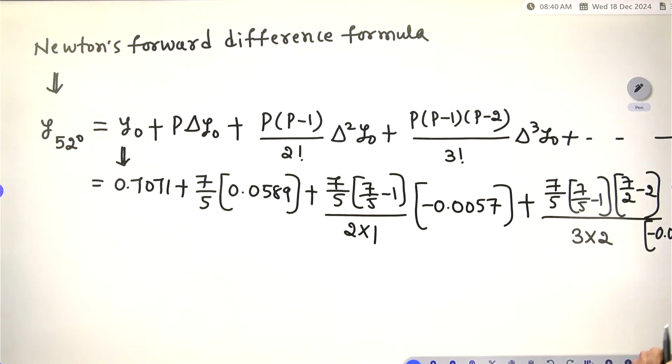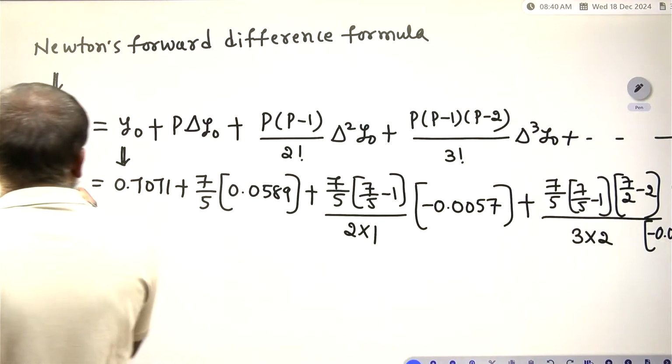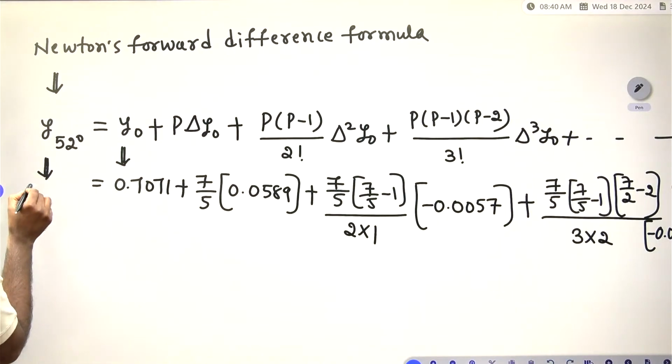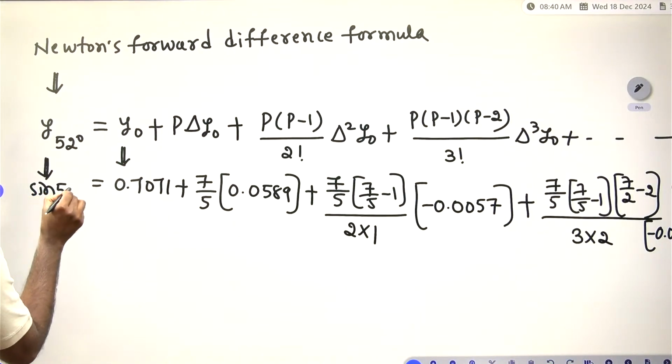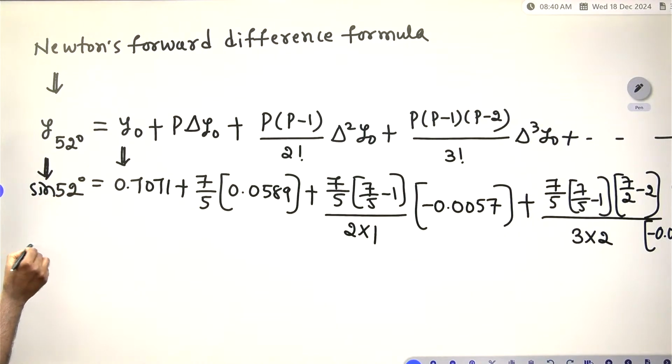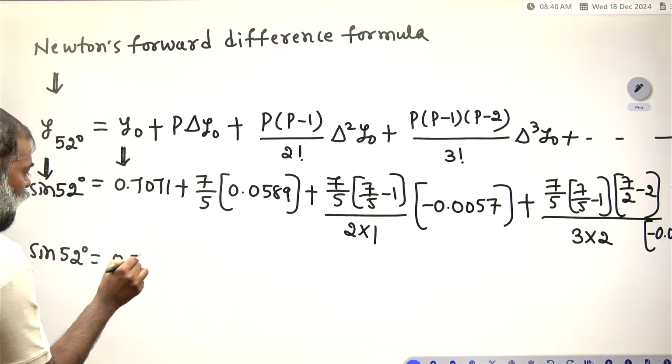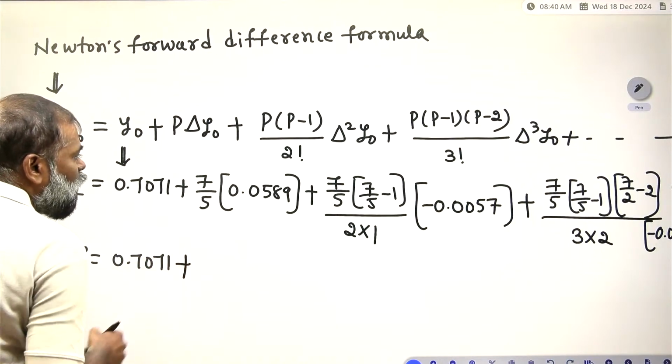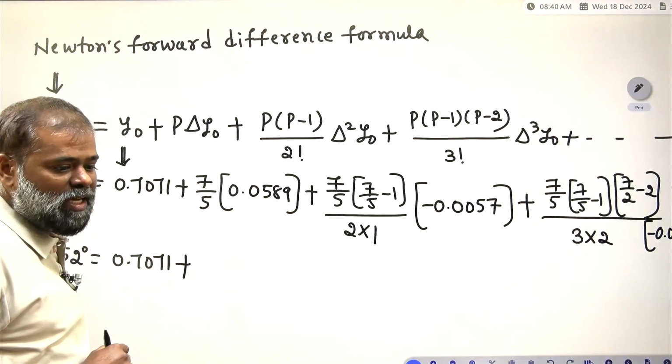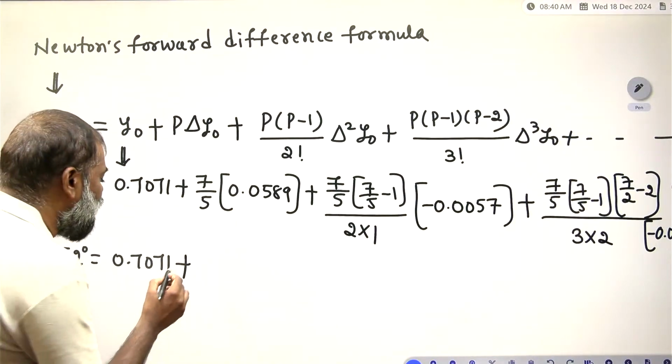Now simplify. This is sine 52, right? Therefore sine 52 degrees is equal to 0.7071 plus, you have to simplify this. How much value do you get?